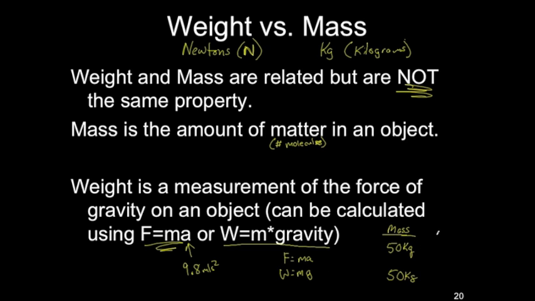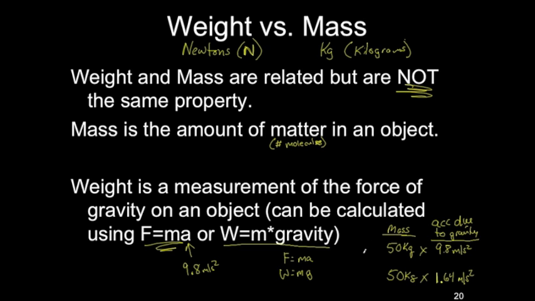Now, acceleration due to gravity on Earth we would have 9.8 meters per second squared. That same mass put on the moon would accelerate towards the moon's surface at 1.64 meters per second squared.